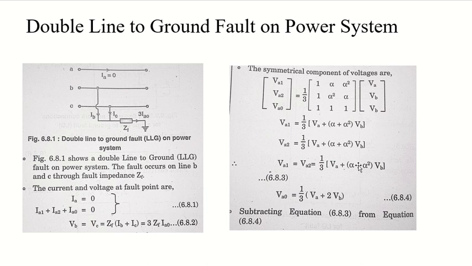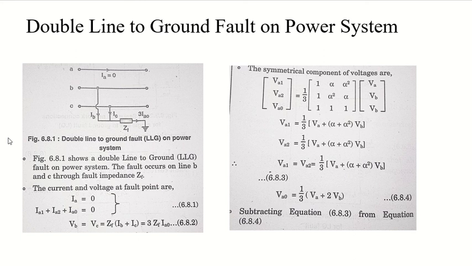Now let's move forward and see what is the line to ground fault or double line to ground fault. So basically in this one, what is happening, two different phases are getting short circuited and then getting grounded at the same time, and the fault impedance through these two phases will be ZF again.